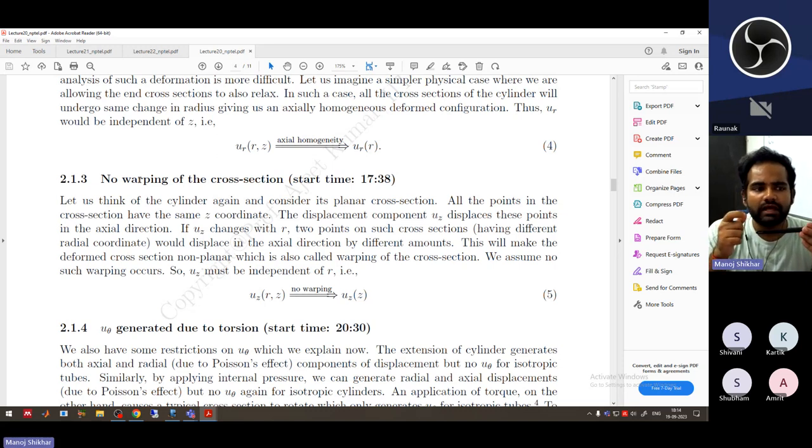If I allow the warping of that cross section, each point on it may have a different Z component. But we don't want that. We want all the points on a cross section to have the same Z component. So that's why UZ becomes a function of Z only. It does not depend on R.